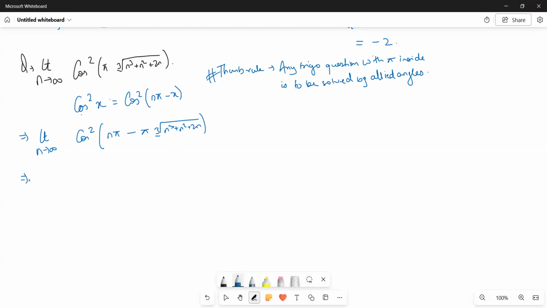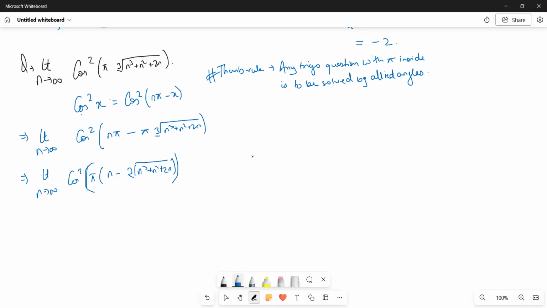Right. So then we write this as limit n tending to infinity cos square of pi, with pi common, and in the bracket we get n minus cube root of n cube plus n square plus 2n. Now this is an infinity minus infinity form, and we can start solving it because it has been successfully converted into an indeterminate form.